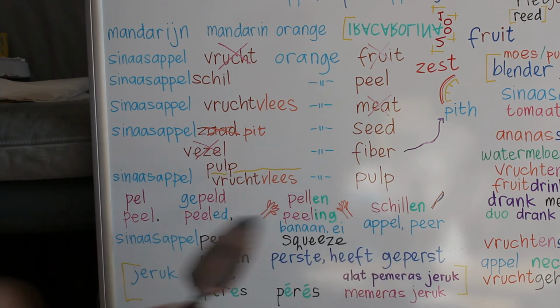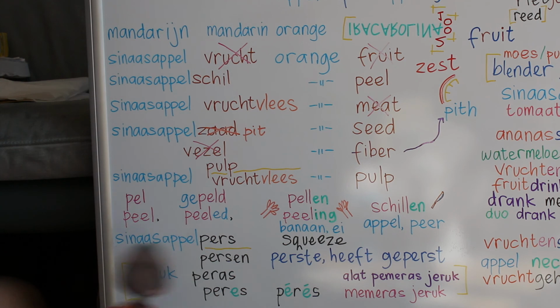The equipment itself is sinaasappelpers if one, and if more than one, sinaasappelpersen. The equipment for squeezing orange.